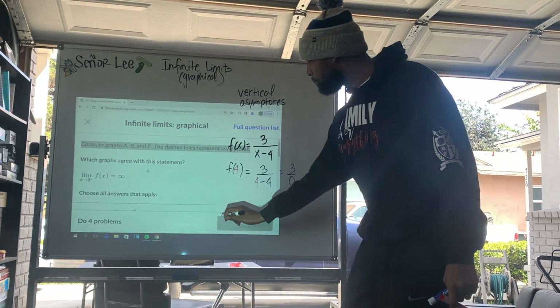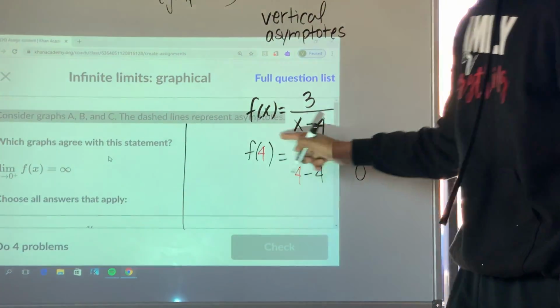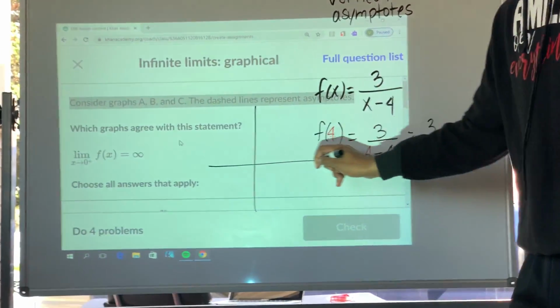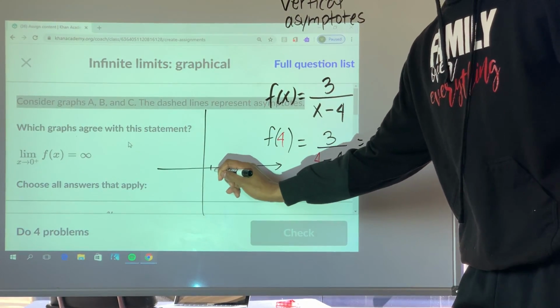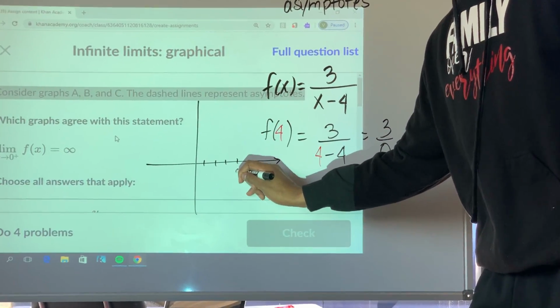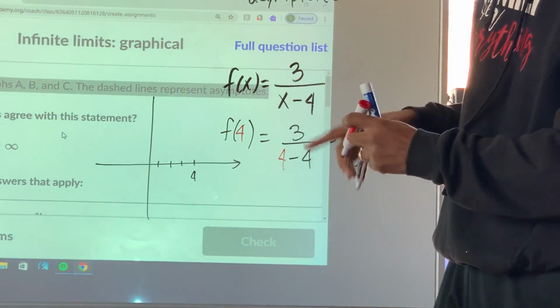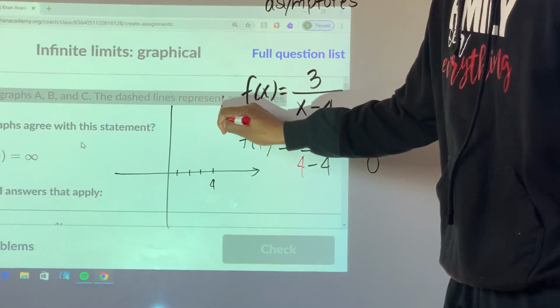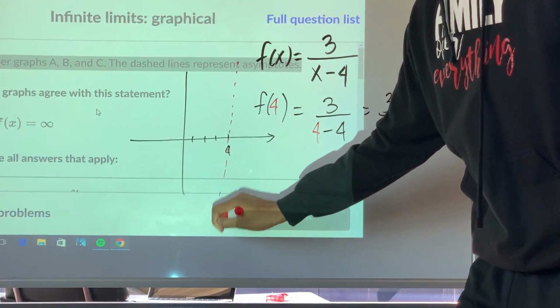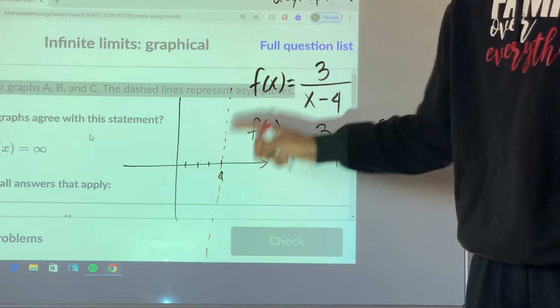For a graph, that means if you try to graph this function right here, when you get to the point 1, 2, 3, 4, so when x is 4, you have a vertical asymptote, just like this. And your graph will never cross it. Never, ever.